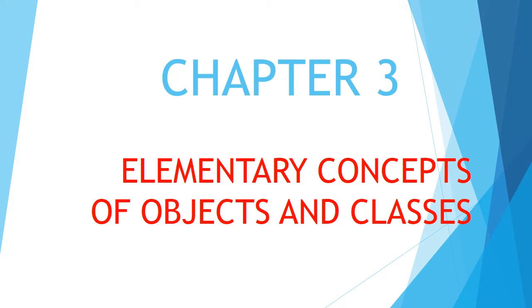Today I will explain chapter 3, elementary concepts of objects and classes. In this chapter, first of all, we will see what an object is. Whatever you are watching, whatever you are looking at around you, all those things are objects.